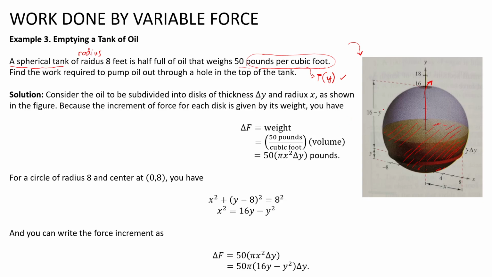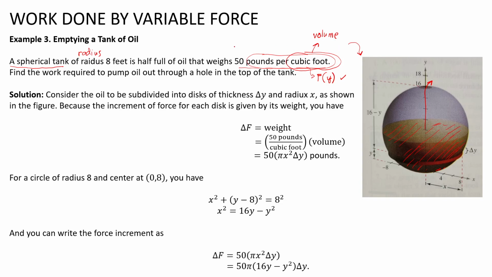But in this case, our per term here for our force increment is cubic foot. So our aspect here is in volume for us to create the function of the force with respect to y.